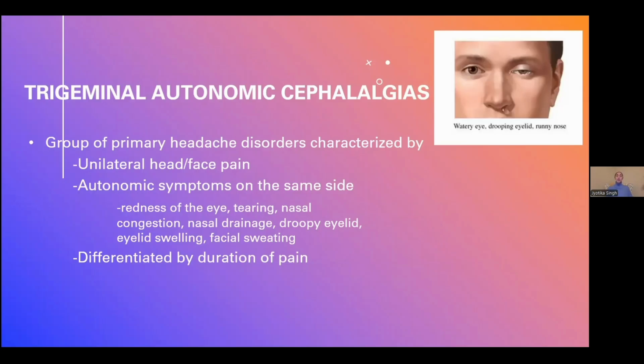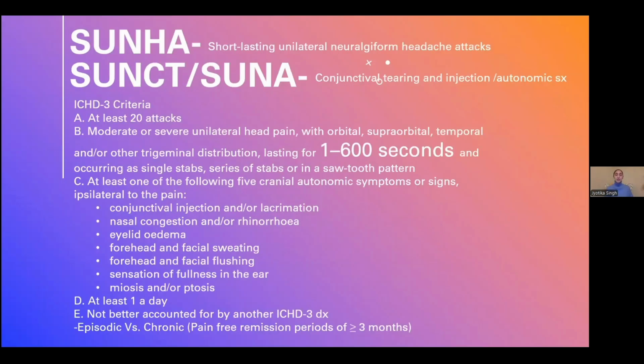And the different headache disorders under this umbrella of trigeminal autonomic cephalalgias are differentiated based on how long the pain lasts. So talking about SUNA, this is short for short-lasting unilateral neuralgiform headache attacks.